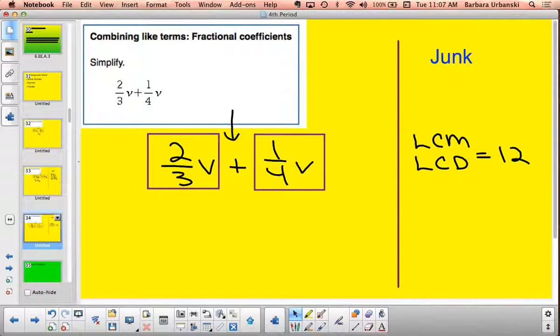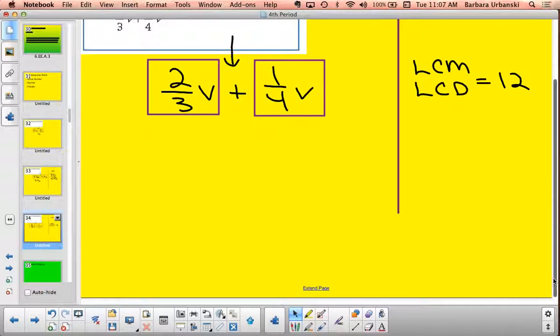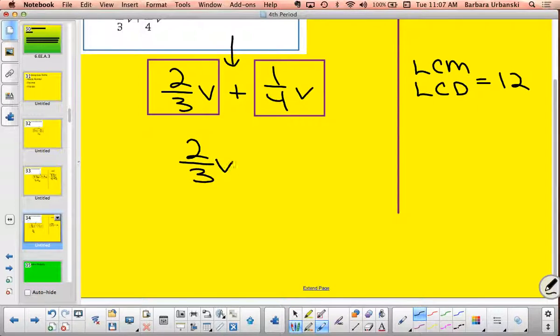Now, at this point, when we know that we have our common denominator, it's a good idea to set up your fractions, and you have your 2/3 v, and you have 1/4 v. We are putting an equal sign because we are looking for an equivalent fraction that uses the 12, which is our common denominator, for both fractions.